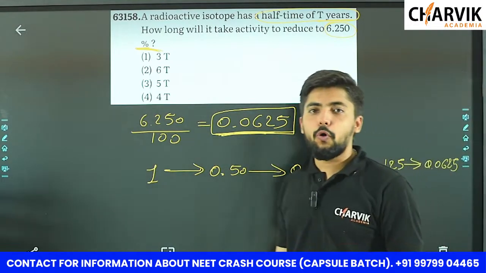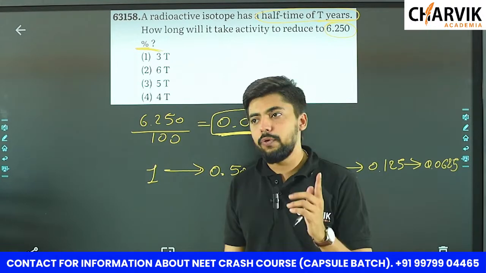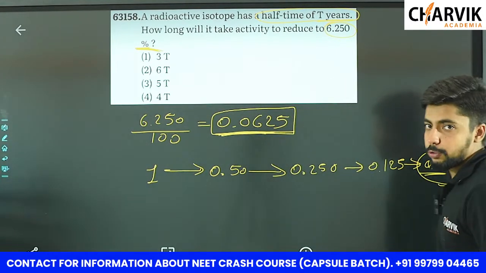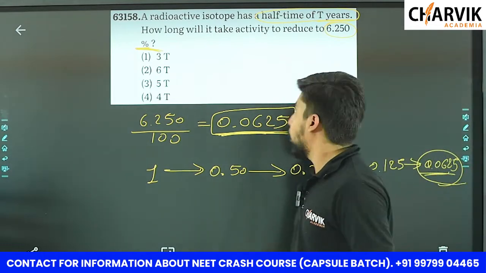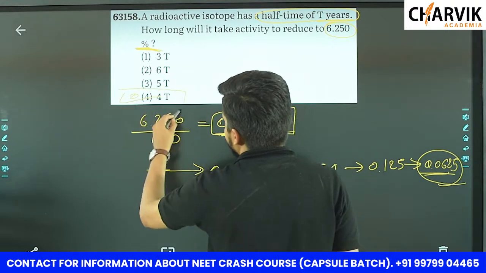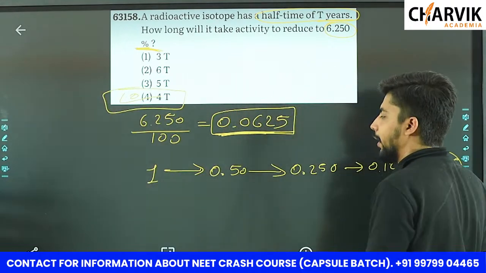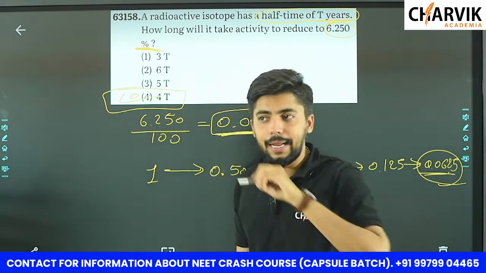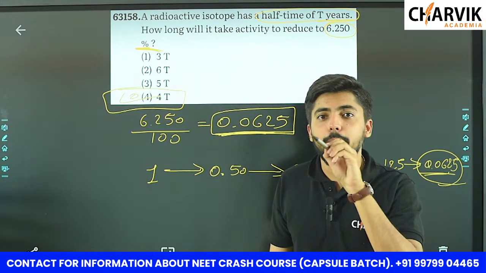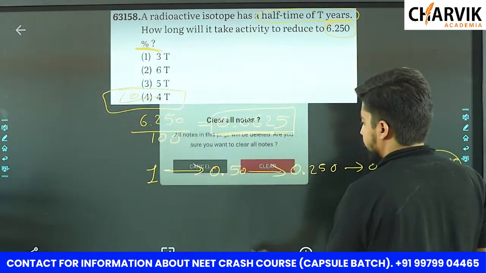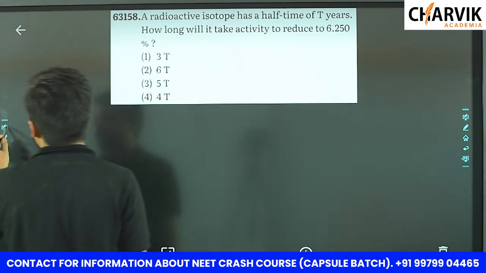So after 4 half life periods, you will get this amount, which is 0.0625, and in percentage it is 6.250. That means it is 4 half life periods. Also, you can solve it by the equation 1 upon 2 raised to n, and you will get n as 4, which formula we have discussed in the previous paper also. Okay, so we are not wasting time on that. It is a very simple thing.